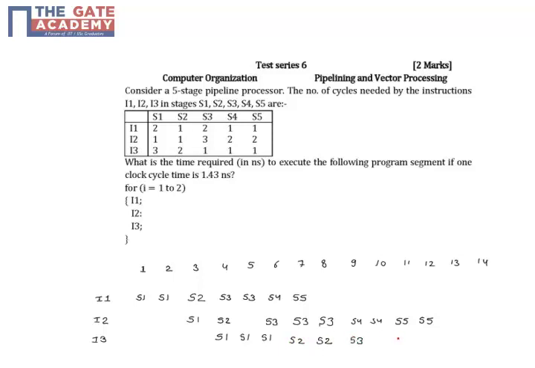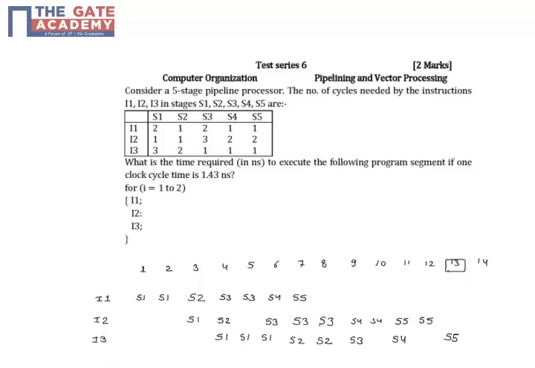S4 will start from 11, because up to 10 S4 is busy with instruction I2. After that S5 will execute from 13, and it takes only 1 clock cycle for I3. So you can understand easily that for a single iteration it is taking 13 clock cycles.